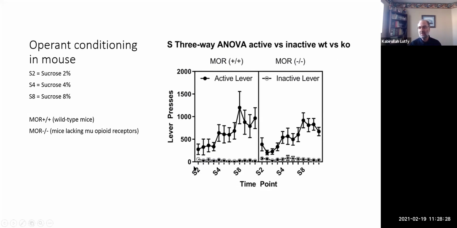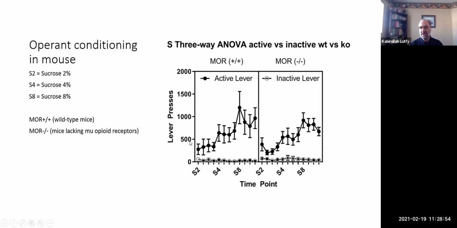Initially, we started with 2% sugar, and then you can see that both lines of mice, of both genotypes, are performing the task. They self-administer, and you can see on the y-axis the lever presses, how many times they lever press to get the sugar solution, and it's only 20 microliters of sugar solution.